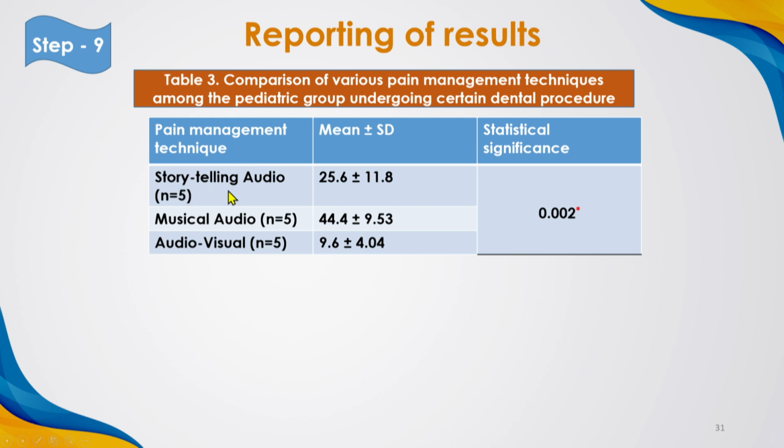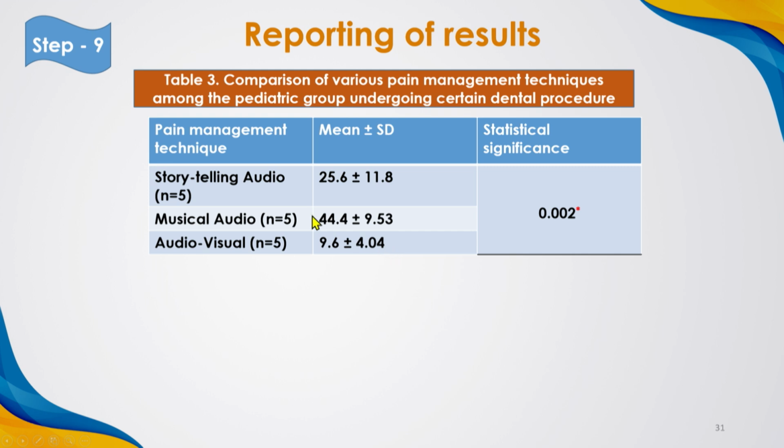So, let us say for storytelling audio, we have the mean 25.6 with the standard deviation 11.8, musical audio 44.4 and 9.53, and audio visual 9.6 plus or minus 4.04.